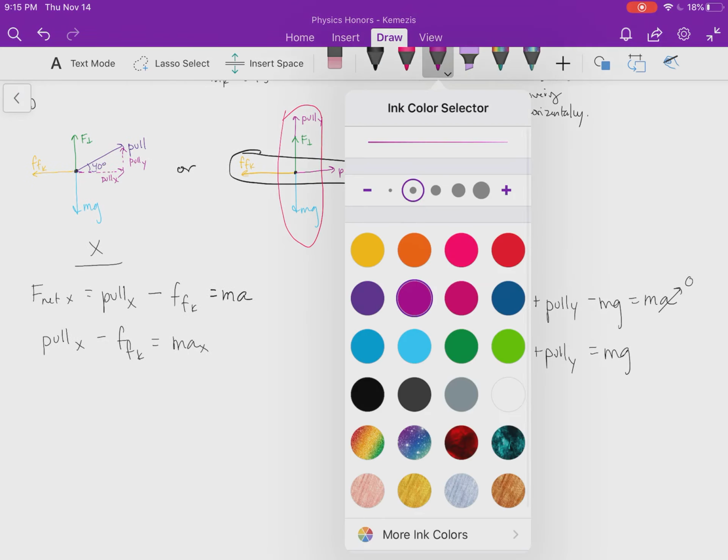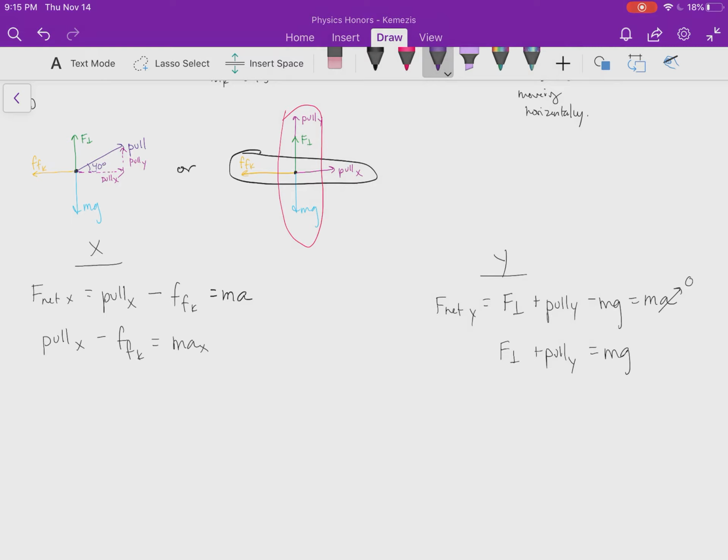So what we can do is take our pull force, which is 30 newtons at 40 degrees, and we break that into its components. We have pull x, which is adjacent, so we are going to do 30 cos 40 to get our pull in the x direction, which I get 22.98 newtons.